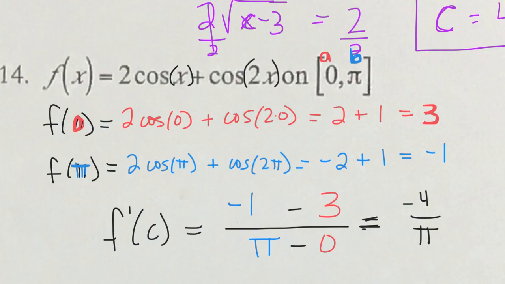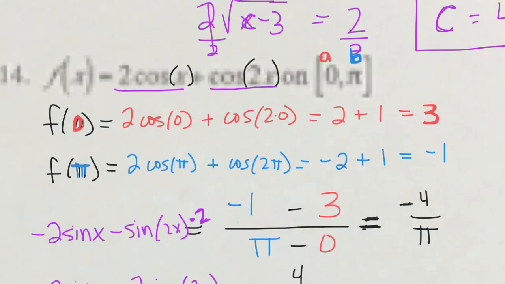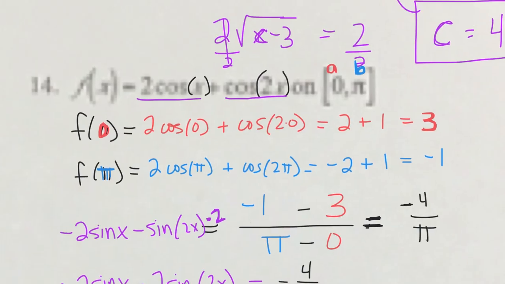Okay, which is a perfectly fine answer. In fact, it's a wonderful answer. That's as perfect as it gets. So now, let's take our derivative of our function and plug it in down there. So there is our derivative, -2 sine x minus 2 sine 2x. And we're looking for when is that equal to -4 over pi.